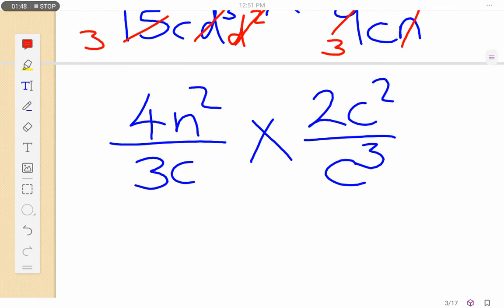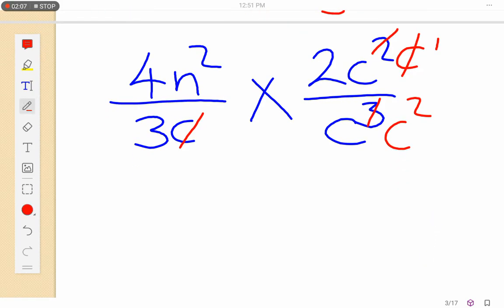Let's go on. Now we have c here cancelling off this c and we remain with c1. This c1 can cancel off with this c and we remain with c squared here. Okay, what else can we simplify? Let's write what we have and see.